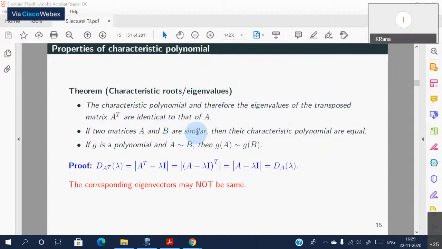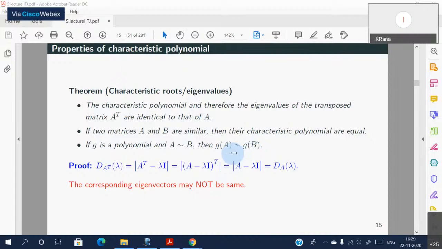There is an invertible matrix P such that P A P inverse is equal to B. Then you say A is similar to B. We write it with the similarity symbol. And it's quite clear that if A and B are similar, then the characteristic polynomial, here we have called it g of A, will have the same roots as g of B.